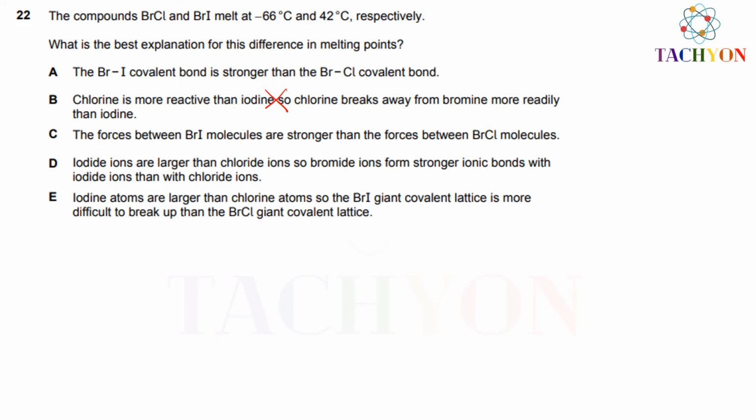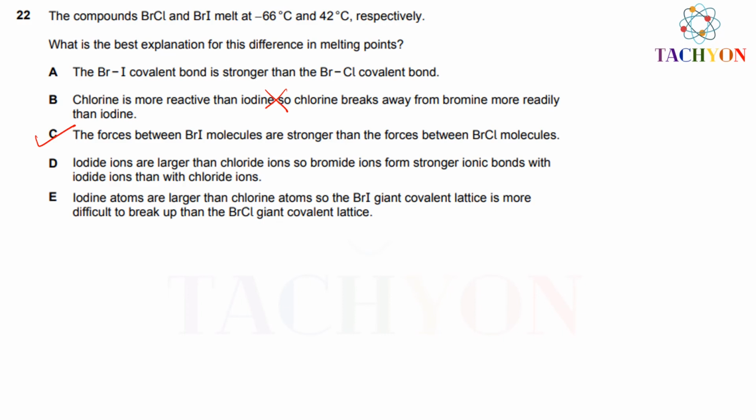They are not only having the covalent bond, there might be some other weak van der Waals forces as well. That's why we have to include the entire forces between the BrI and BrCl molecules. That's going to be the best explanation.